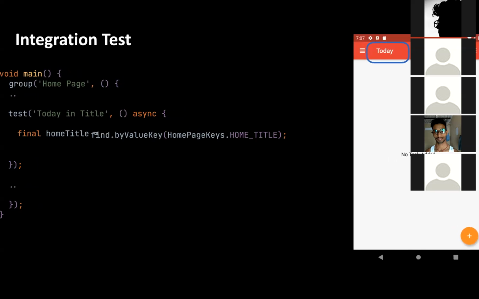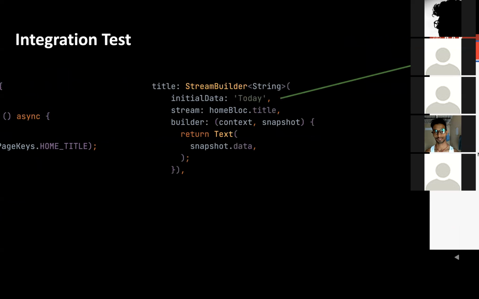adding those keys. So this is basically my Today widget, where I'm just initially setting the title based on the stream, and then I initialize a value key here, and I initialize that key as a string from a constant file, so that it will be consistent throughout the app, and it will be easy to maintain.